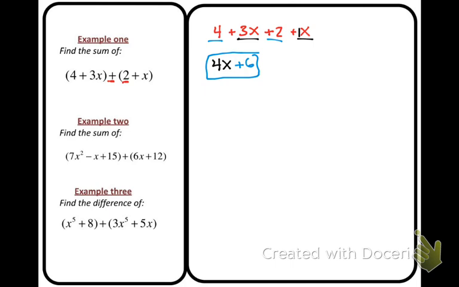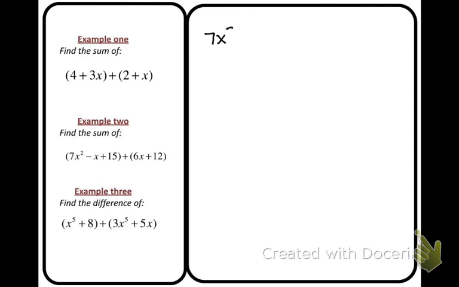So now we can rewrite this, dropping all those parentheses. I'm going to have 7x squared minus x plus 15. Since this is a positive 6x, it's going to be plus 6x plus 12.